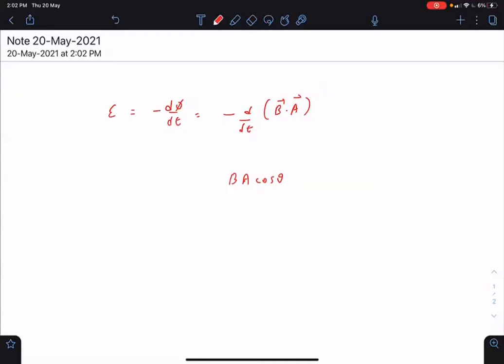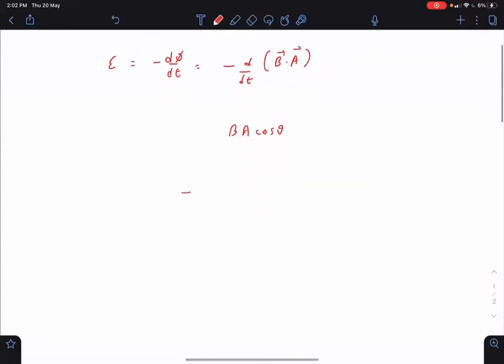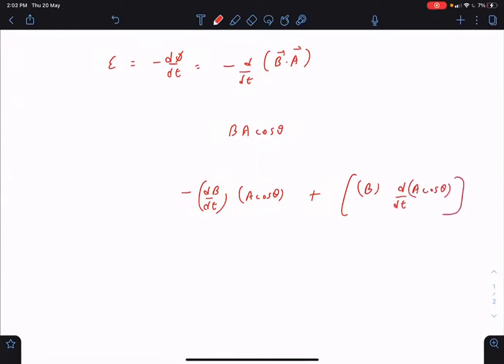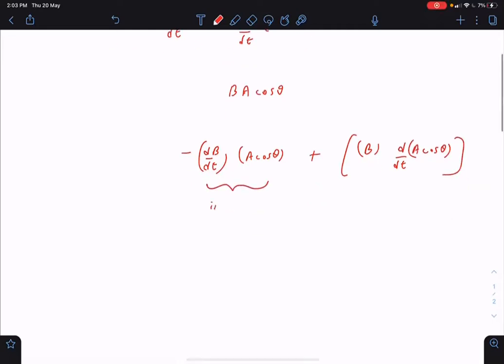Either the flux is changing because of a change in magnetic field, or the flux is changing not because of a change in magnetic field, but because of angle and A. So this part you can call the induced electric field part, and d by dt of A cos theta into B, this part is for motional EMF.